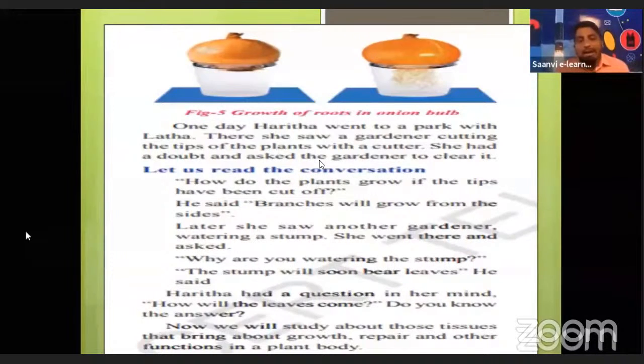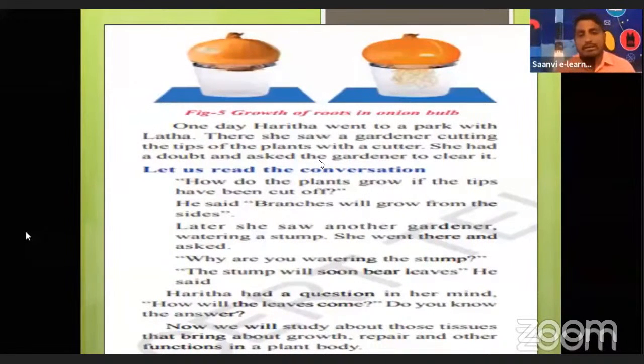Why are you watering the stump? The stump will soon bear leaves. Actually, when she went to another place in that particular garden, she saw another gardener, a second person, watering stumps.